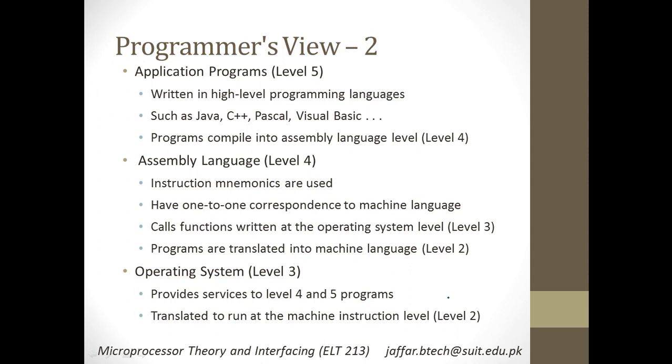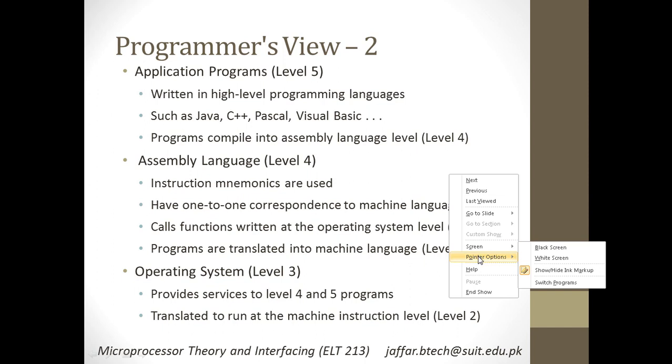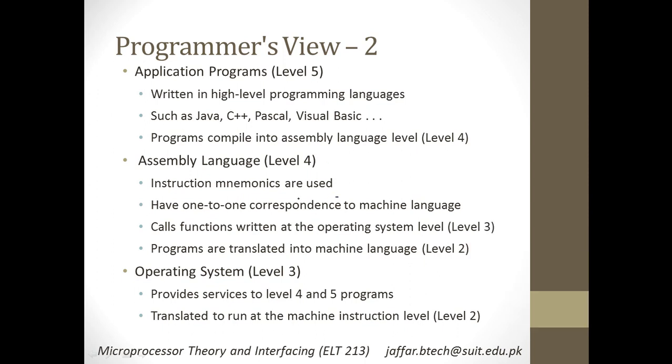The next thing is ALP, or assembly level language program. So you will have this level. This is at level 4, and you are using basically mnemonics, which I have already explained to you in the previous classes, what mnemonics are and how they are used. We have discussed two classes actually on the instruction set specifically for this assembly level programming.